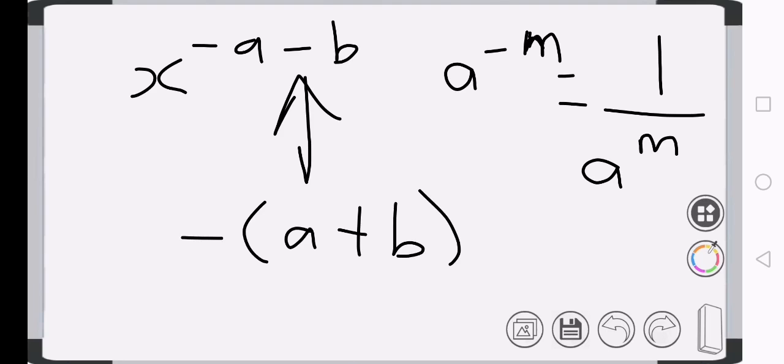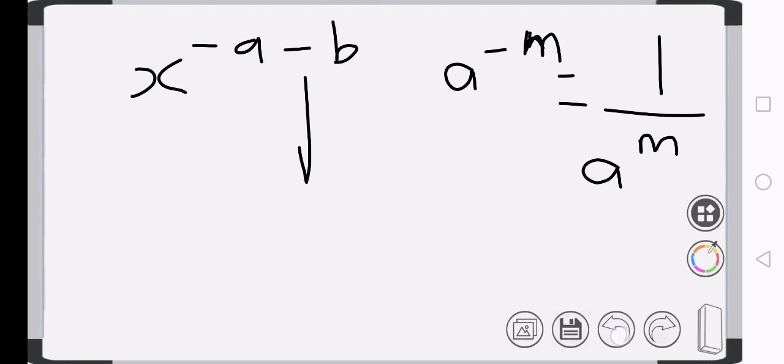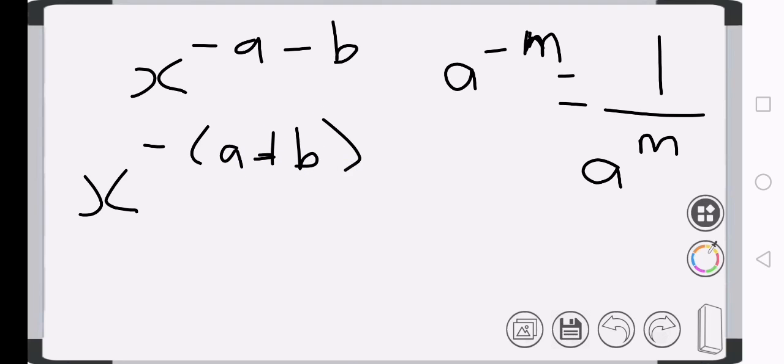Do you see that? Good. So we'll simply write it as x to the power negative a plus b, which can be simplified to 1 over x to the power a plus b.